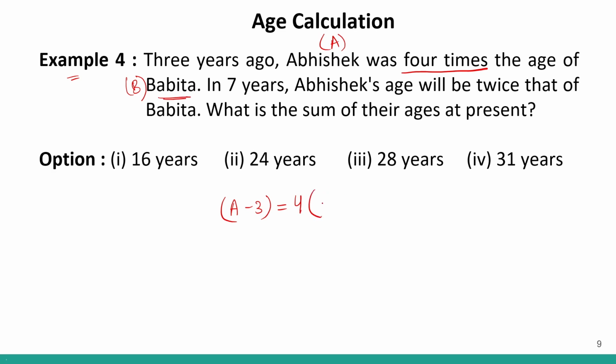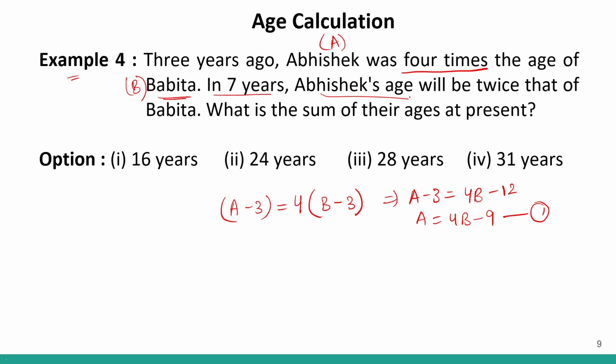So Babita's age will be B minus 3, subtracting 3 from the present ages A and B. Correct? Now, if I open these up, I can write it as A minus 3 equals 4B minus 12. So A equals 4B, and if I take 3 over here, it will be plus. So minus 12 plus 3 will give me minus 9. This will be my equation number 1.